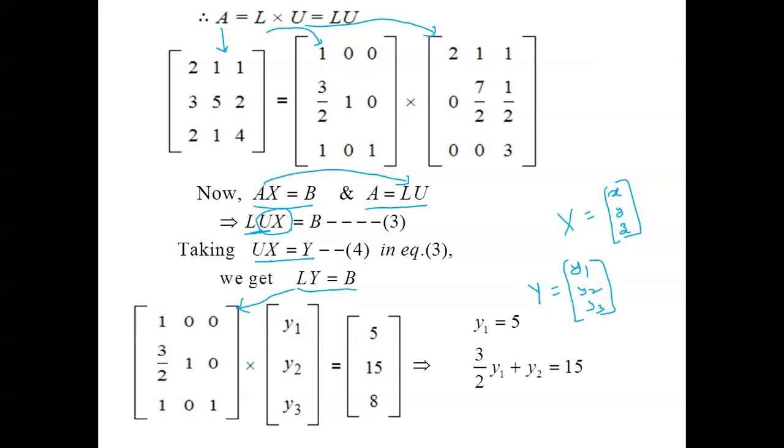In the same way, 1 into y1 plus 0 into y2 plus 1 into y3 equal to 8. Now solving, y1 equal to 5. That y1 value is substituted here. So 3 into 5 is 15, 15 by 2. So that moves to the right hand side.